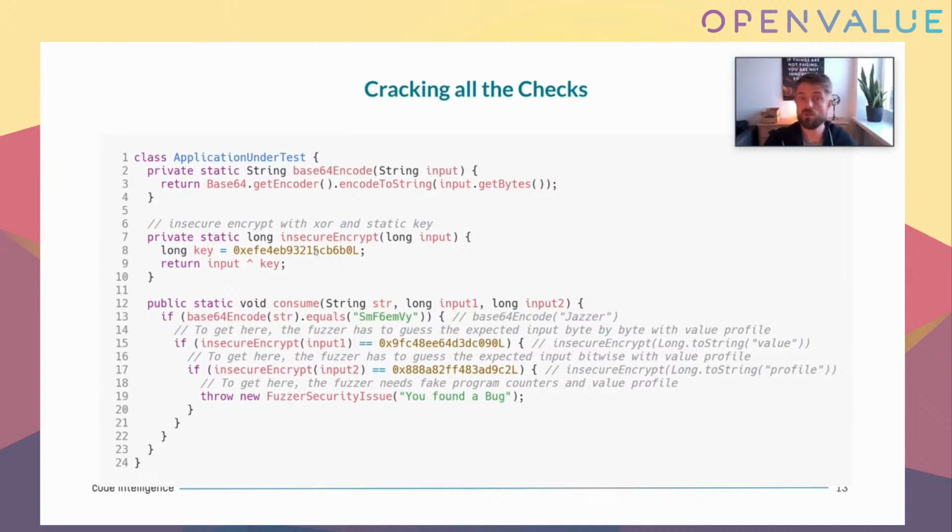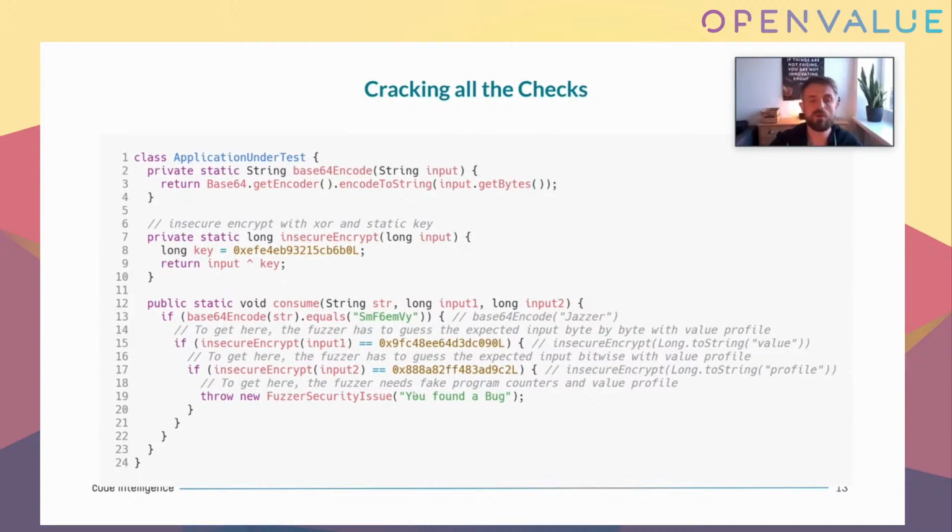What it does is the static key inside the application is stored with the input the function gets. The interface we want to test is this consume, which probably doesn't get just one input but three inputs at once: a string and two long parameters. And the bug is hidden somewhere deep inside the code.